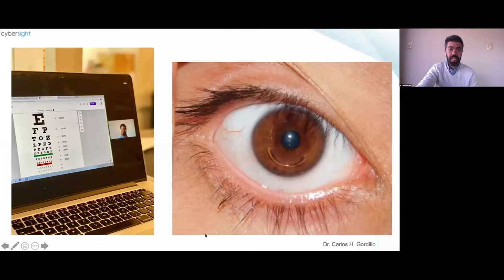So we did a telemedicine consultation, and we asked him to take a picture of the eye. And as you can see, the ring is perfectly in position and the cornea is clear. So it's a really nice surgery also to control by telemedicine in this pandemic situation.